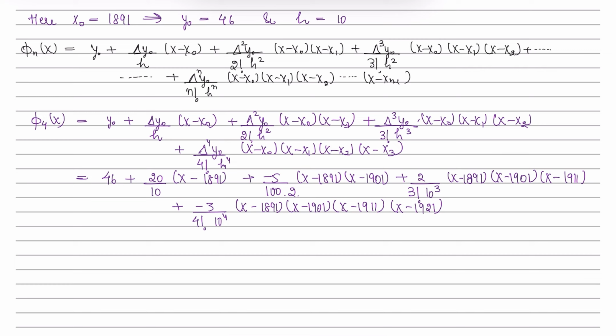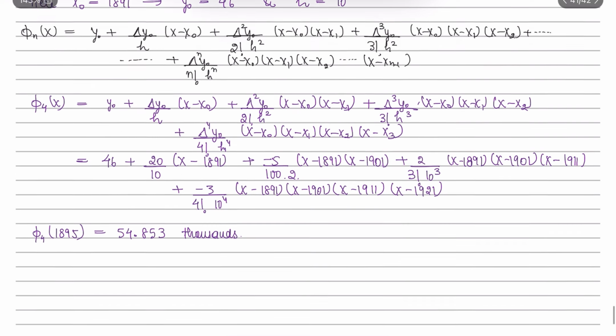So rather than solving this equation in the form of x, we can directly find the value of phi 4 at 1895, which will simplify all the calculations, and the final answer will be 54.853 thousand. And this answer has been rounded off to 3 decimal places.